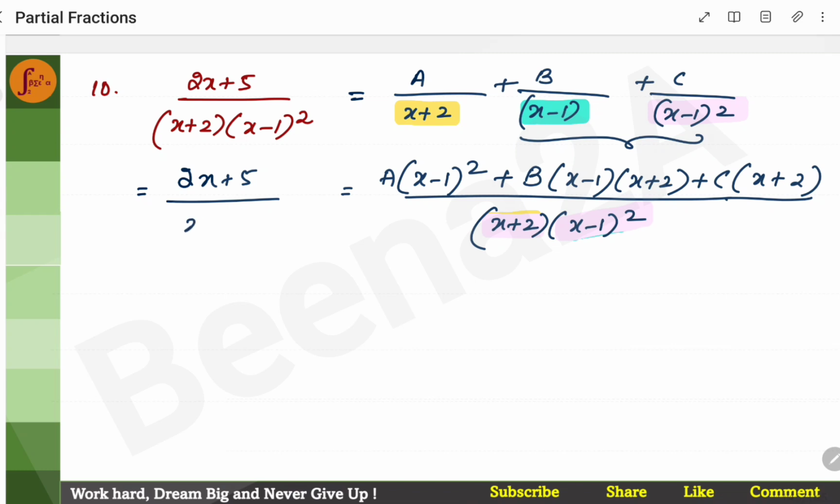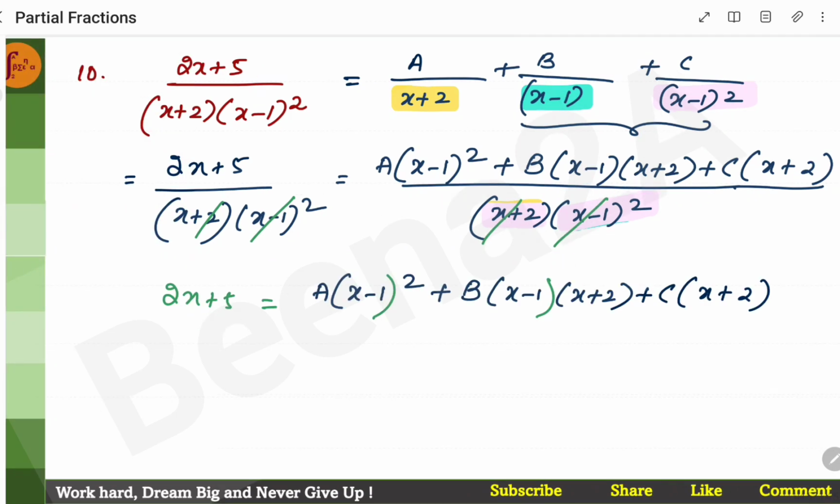Now the denominators will get cancelled on both the sides. So we'll be left with, now we'll substitute the values. So x is equal to minus 1 here, so it will become plus 1. Here plus 2, so it will become minus 2. So with these two values, we'll get 2 of these values, be it a, b or c.